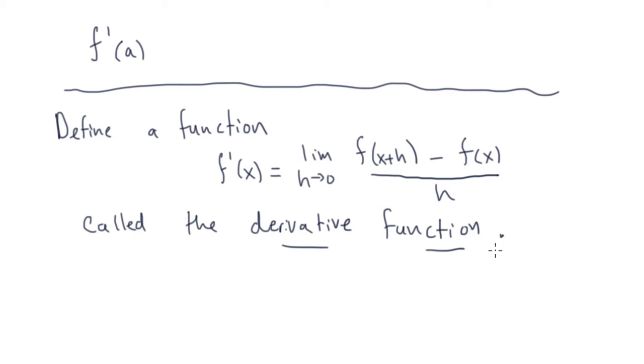Okay, now of course, this function has a domain. It has a natural domain. And its natural domain is going to be related to the domain of f. In fact, it's going to be contained in the domain of f. So the domain is going to be the following set.